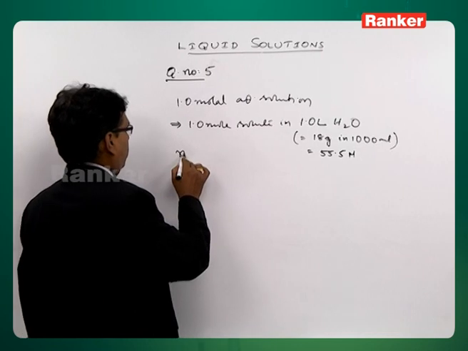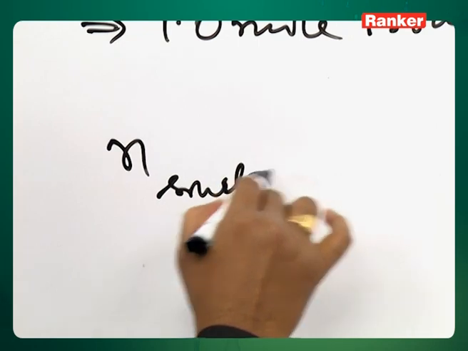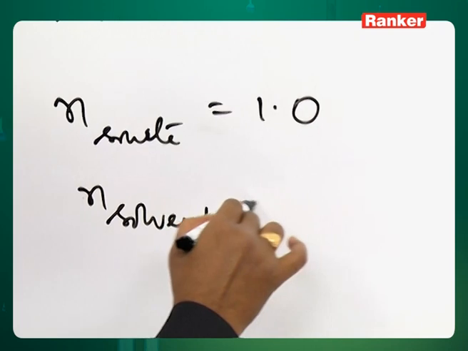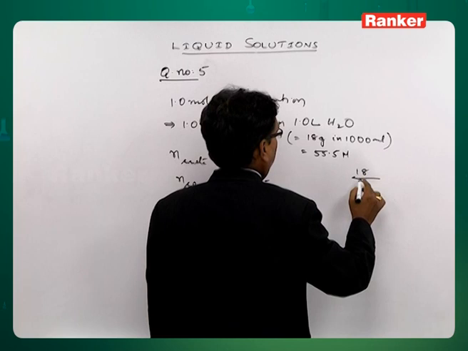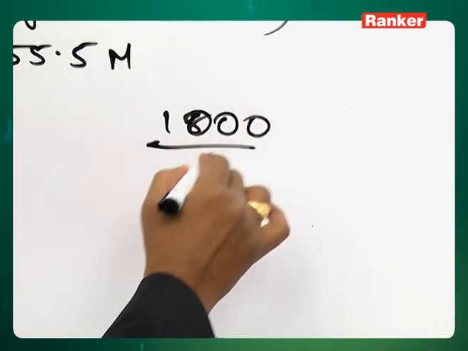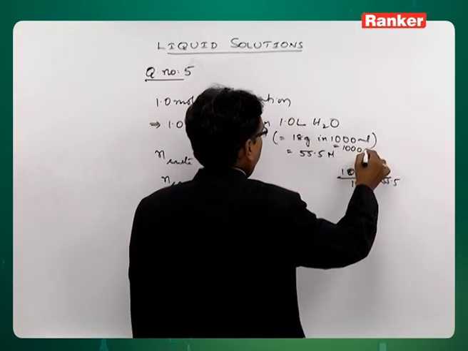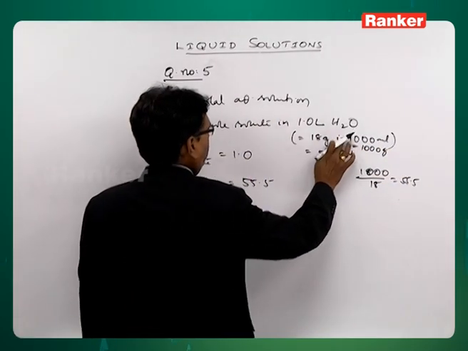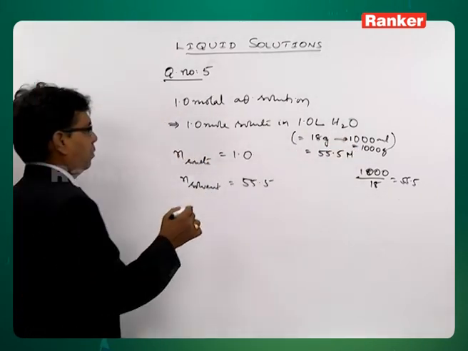Solute is 1 mole and solvent is 55.5, because this is given weight by molecular weight, that is 1000 by 18, that is 55.5. 1000 ml is nothing but 1000 grams for water, 18 grams is the molecular weight. So, that is 55.5 molar.